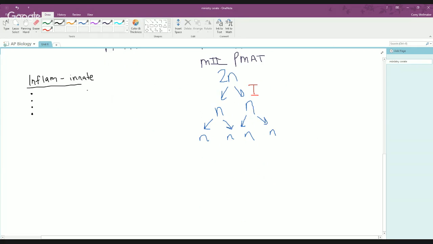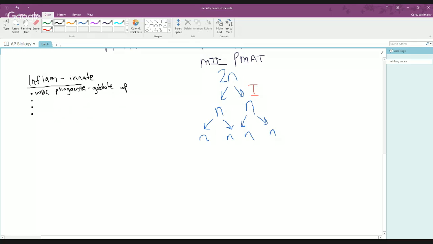They have broken through the barrier defenses like the skin, the mucus, the secretions, and so you have white blood cells that are just hanging out, waiting for the opportunity to do their job. And a phagocyte, that could be a macrophage or a neutrophil, is going to gobble up. It's going to do phagocytosis. It's going to eat up the pathogen that's entered your tissue.